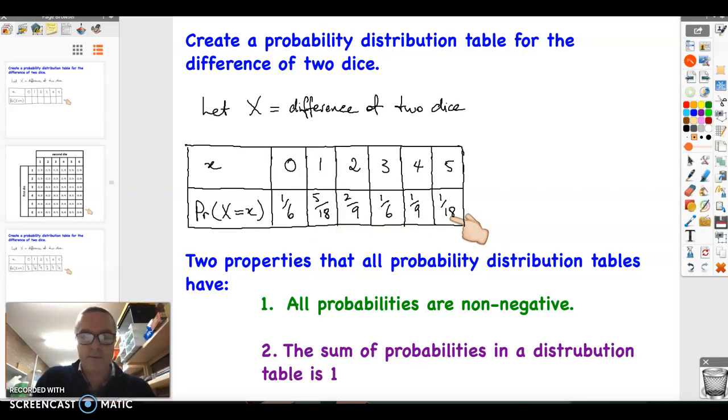We can have a distribution table that includes 0 for one of the values that it takes on, but obviously no negatives. And the second property is that all of the probabilities, regardless of how many there are, need to add up to 1. They should have a sum of 1. That would show that they encompass all of the values that that random variable can take on.